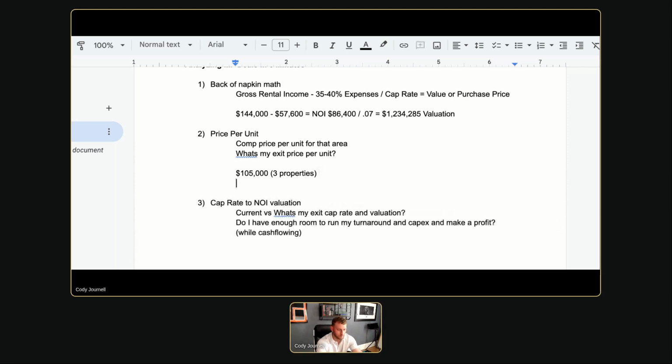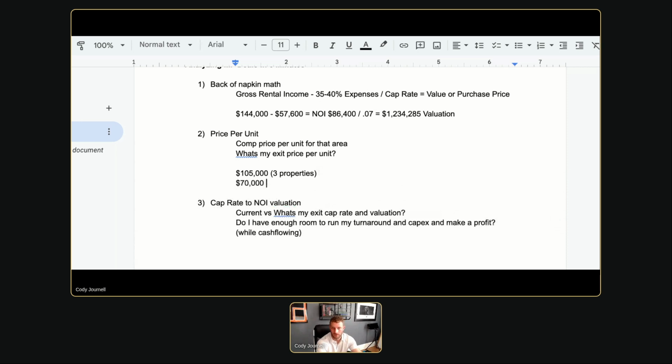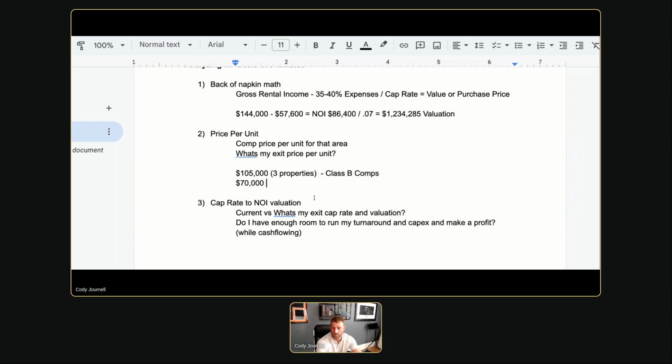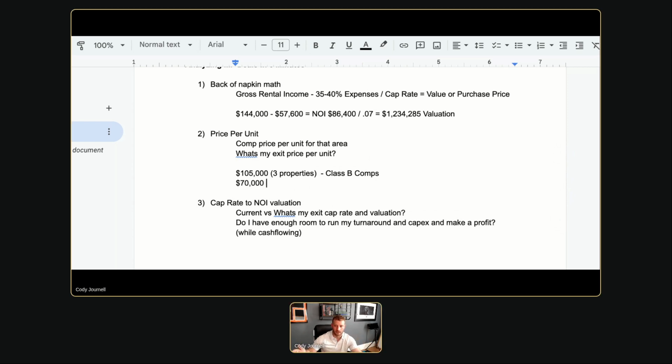But if the property you're looking at is trading at 70,000 a door, and let's say these are class B comps, and you're buying at 70,000 a door, you should be able to tell, okay, as long as I can take this C property to a B property, get it stabilized, get it running properly, there is some room here on where I can buy it and what I can sell it at.